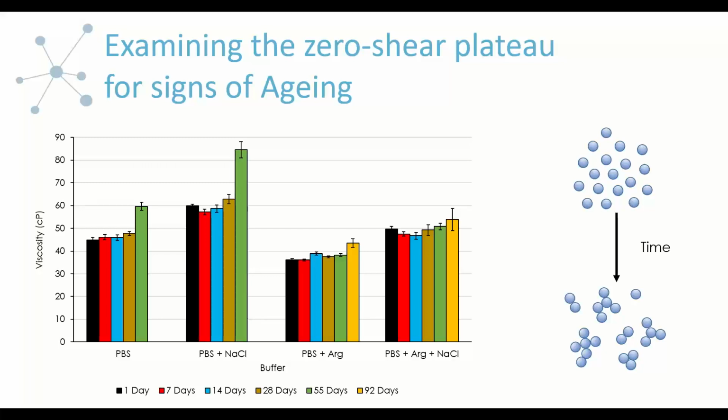So when the proteins inevitably interacted and collided with each other, they stuck together more strongly and were unable to participate in exchange in a way that they normally would have, because there's no more water in the way preventing this. And as for the arginine solutions, we think that the arginine has a hydrating effect on the protein that is somewhat stronger than the salting out effect from the sodium chloride.